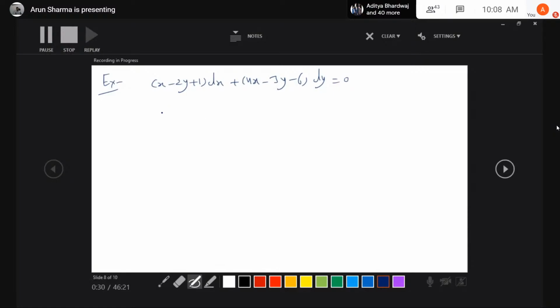In this example, we just put x equals to X plus h and y equals to Y plus k. dx is dX, dy is dY.